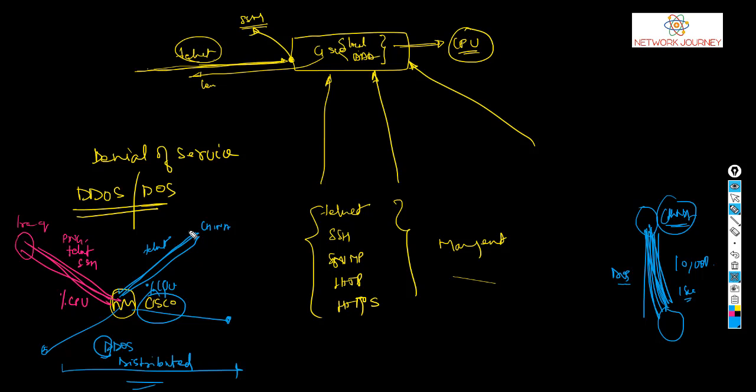DDoS is when it's distributed, and you're just trying to hit a server or a router or a switch. Now we are going to put some protection on the box to restrict this kind of DoS or DDoS attack, and that's called MPP, management plane protection.